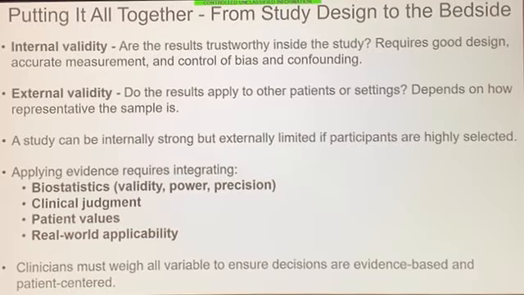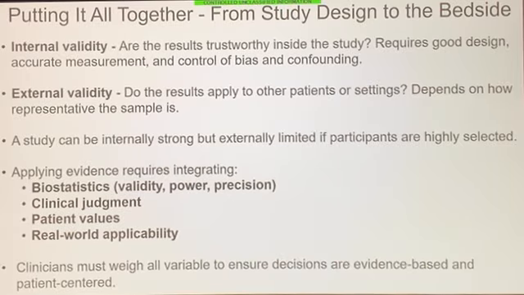Internal validity of a study looks at the parameters of the study. Was the study designed in such a way that you controlled for the confounding variables or the covariance, you normalized, you removed, you had strong selection and inclusion criteria for the study, and you controlled for biases?